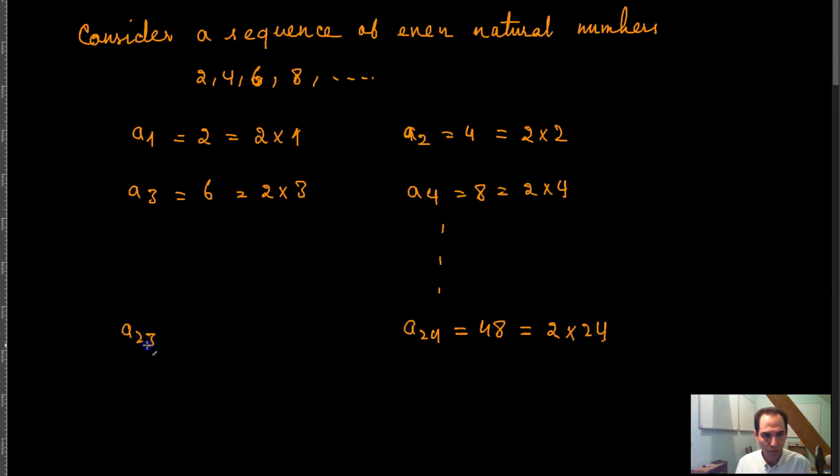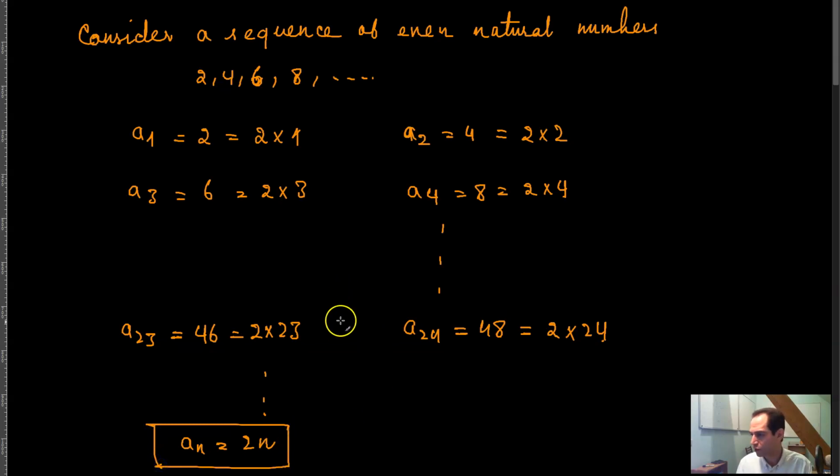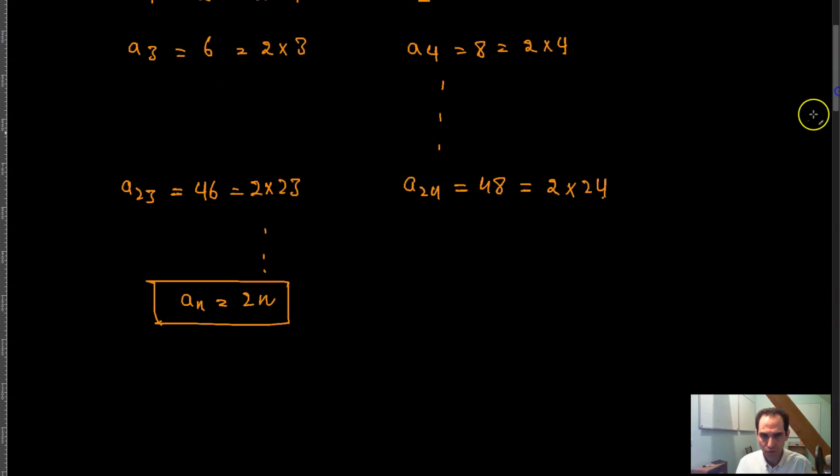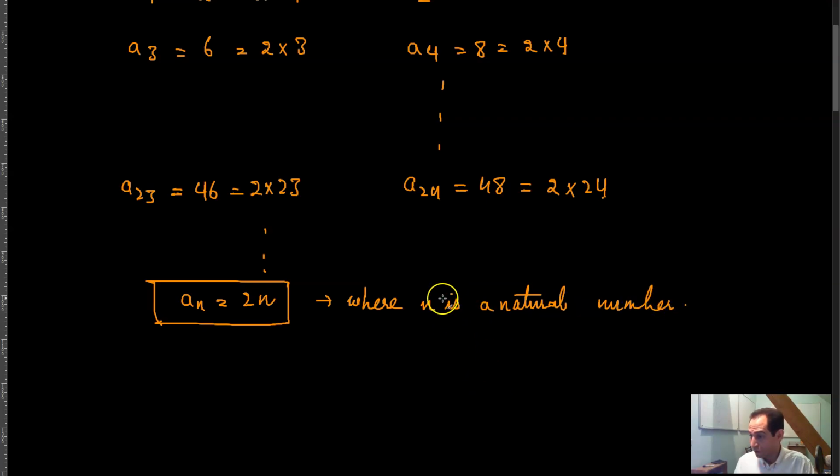Or a of 23, which turns out to be 46, that's 2 times 23, right? So in fact, we can see that the nth term of this sequence can be written as a of n is equal to 2 times n, where n is a natural number.